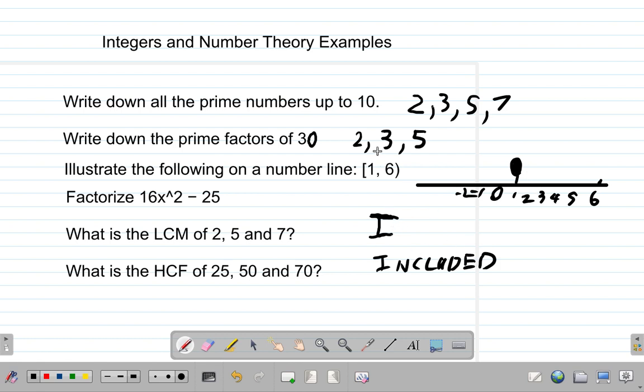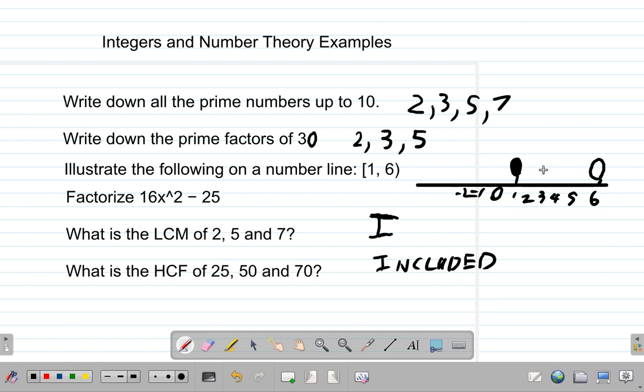So here now, the round bracket means not included. That's a round bracket. 6 is not included.